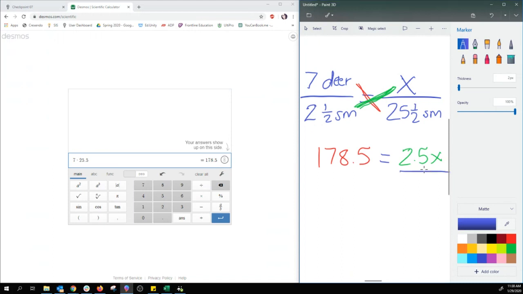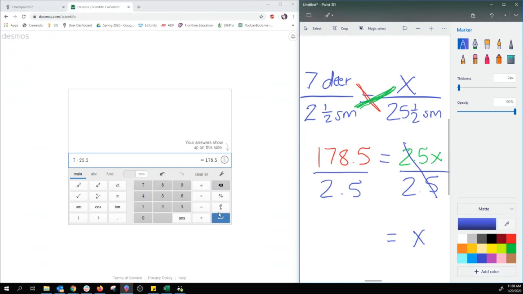So I want to divide this side by 2.5. What do I also want to do to this side of my equation? The same thing, exactly. So remember, anything you do to one side of your equal sign, you have to do to the other. So we're going to divide both sides by 2.5. When we do that, these two 2.5s are just going to cancel because it's going to give us 1. And I'm left with x.